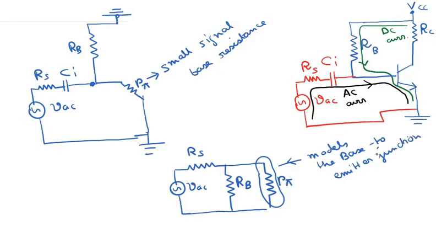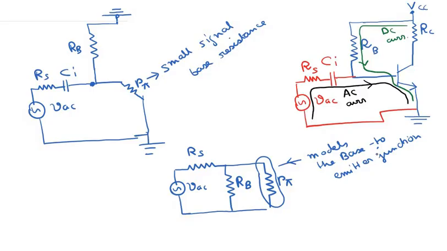Now when we are talking about the common emitter configuration, we have basically three terminals: the base terminal, the collector terminal, and the emitter terminal. As we said earlier, in the common emitter configuration the input current is the base current and the output current is the collector current.